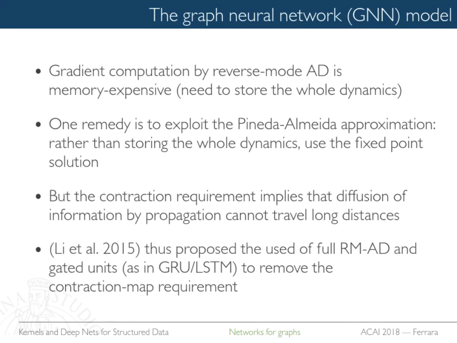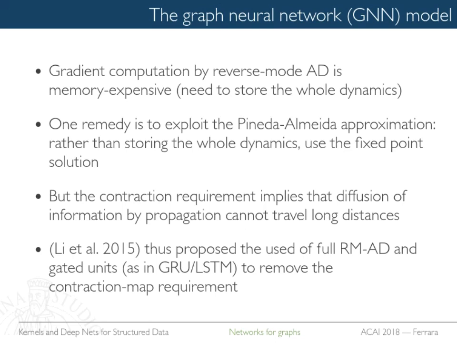This problem has been studied quite heavily in the hyperparameter optimization community when you use gradient-based methods for hyperparameter optimization. It's the very same problem. Reverse mode algorithmic differentiation has these memory problems. There are some tricks to solve it, like doing, for example, forward mode, but they use a very simple trick. The simple trick, again, goes back to the 80s. It's the famous Almeida-Pineda approximation of backpropagation through time, which is just you take the fixed point and you pretend that the entire history is the fixed point.